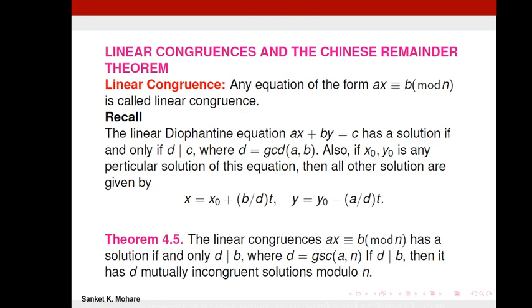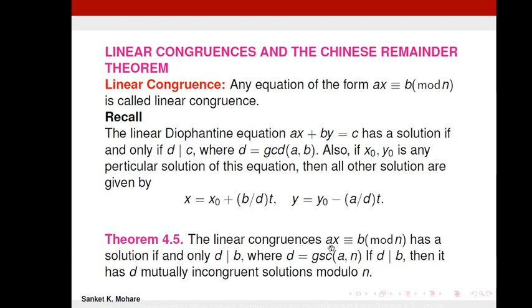Let's have a theorem, Theorem 4.5. The linear congruence ax ≡ b (mod n) has a solution if and only if d divides b, where d is the GCD of a and n.